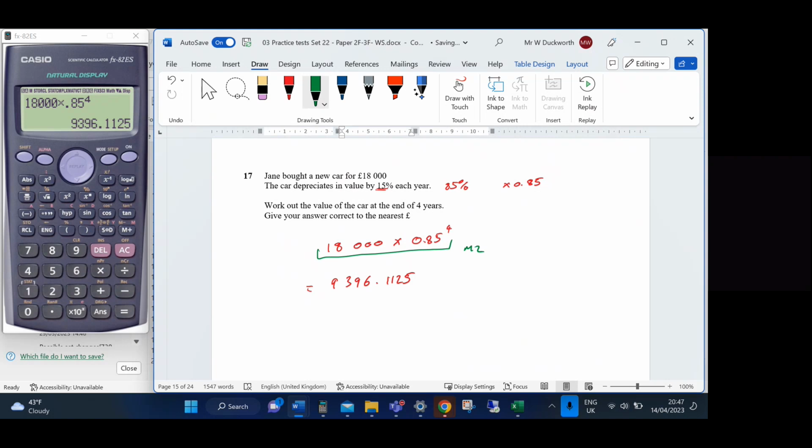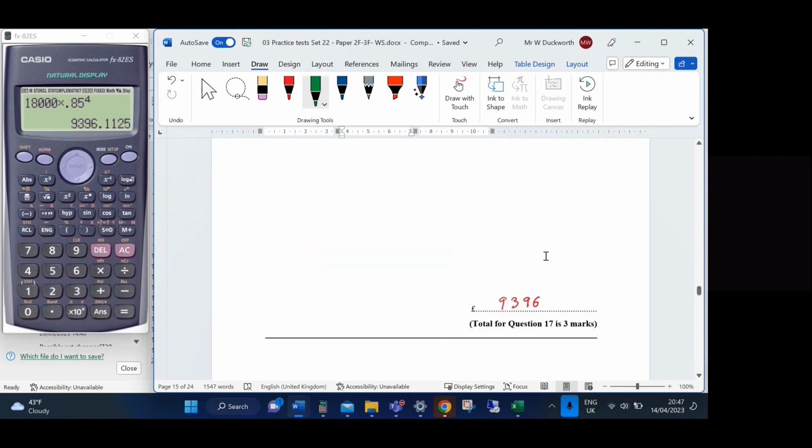If you've not done that, but you've either found 15% of the original amount or 85% of the original amount, then you can pick up a method mark. And if you've worked that through fully, you pick up the second method mark. If you use the compound interest formula, then you get 2 method marks and then an A1 for the answer.